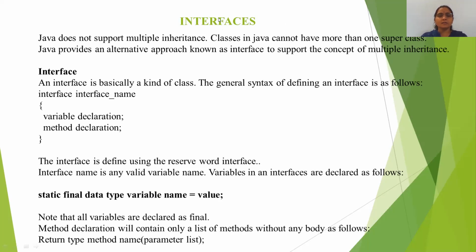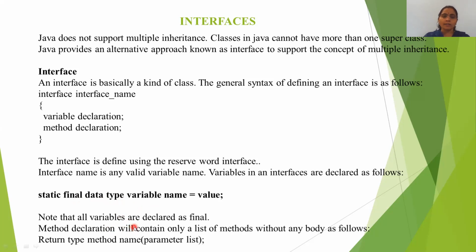Final means if you declare a particular variable as final, you cannot change the value of that variable, it will be treated just like a constant. Then any valid data type, variable name equal to the value. So this is the format to declare the variables in case of the interface.